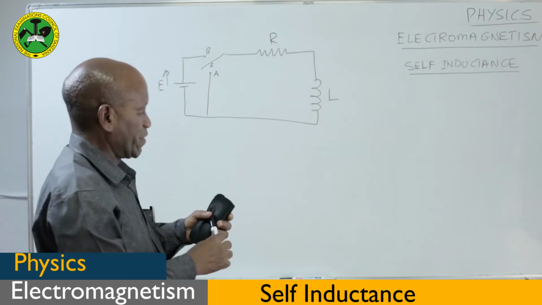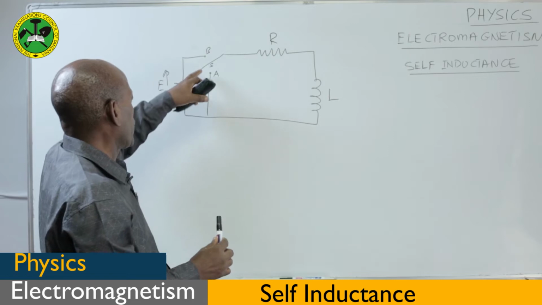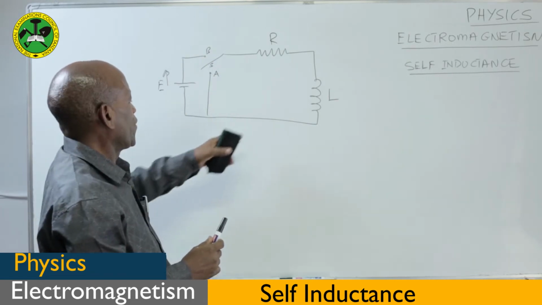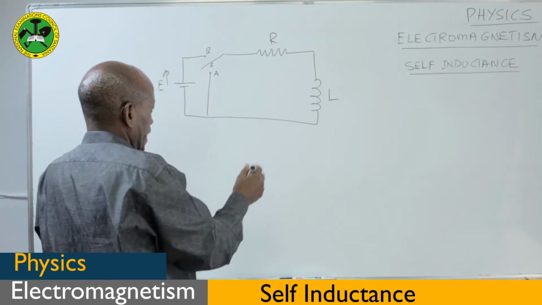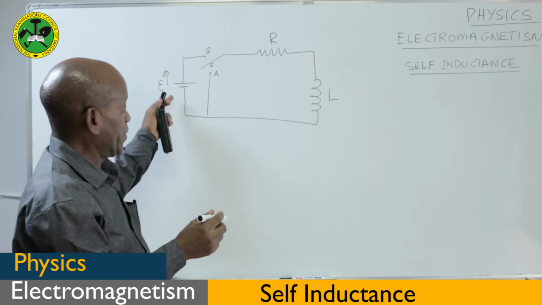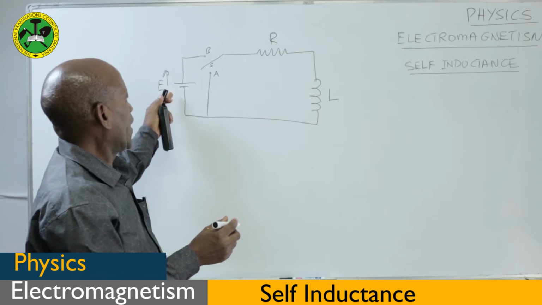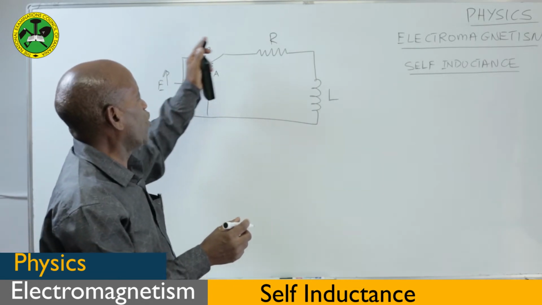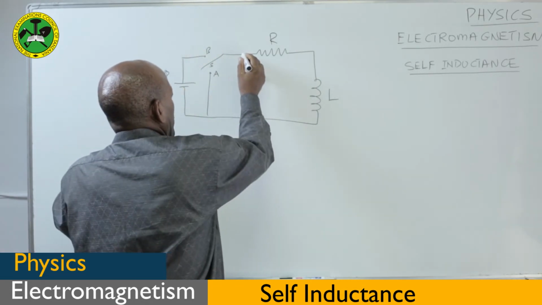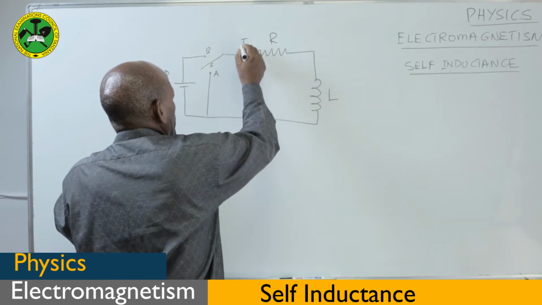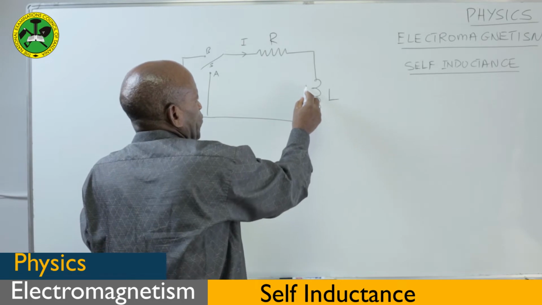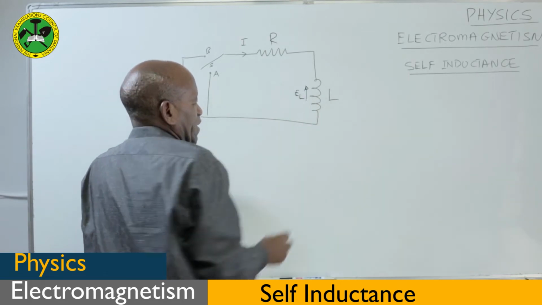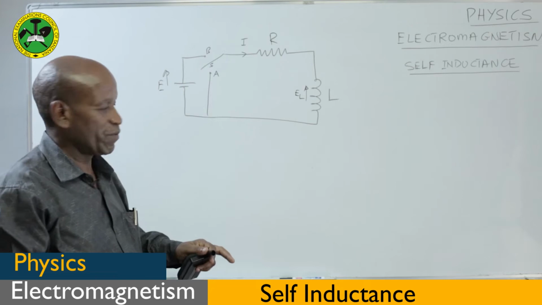In the first case, whenever the switch S is connected to B, a current will flow through the circuit, depending on the battery E. While that current is produced, another back EMF is produced within the inductor, trying to oppose it.